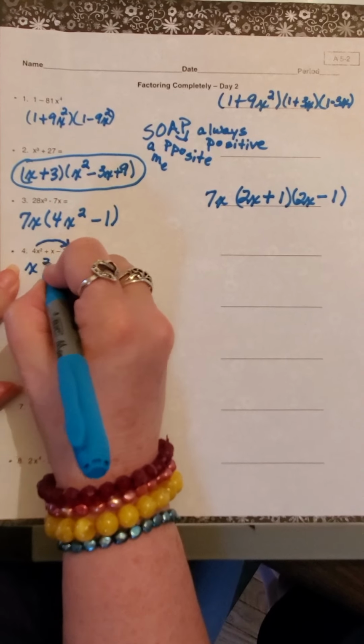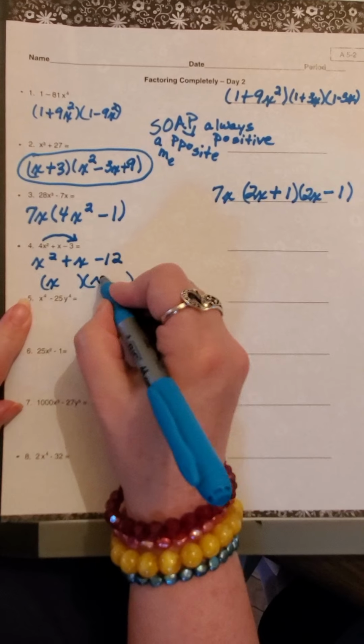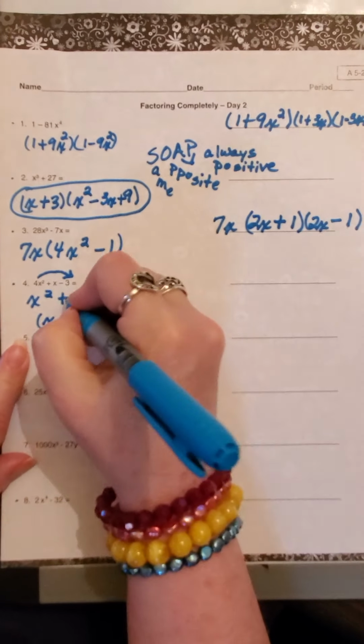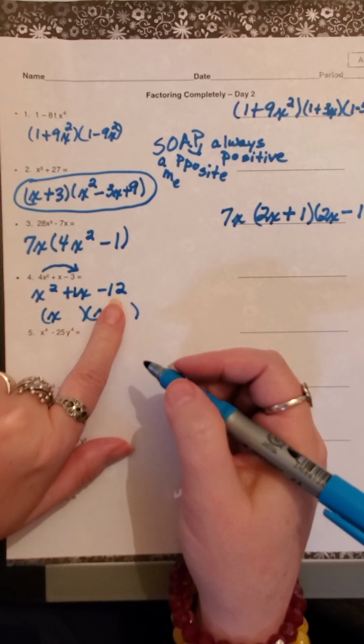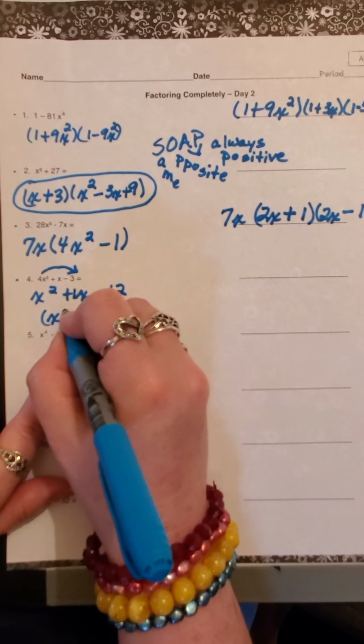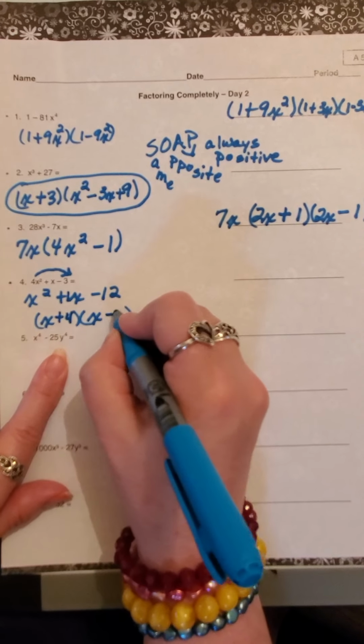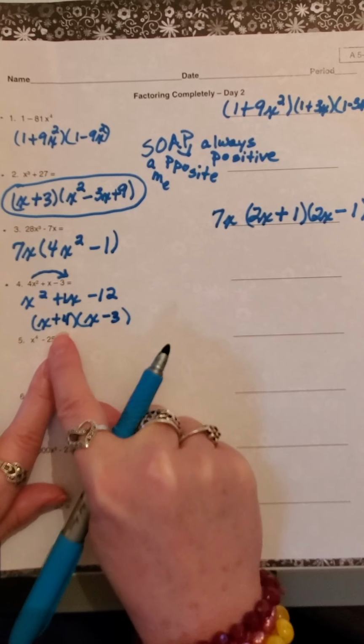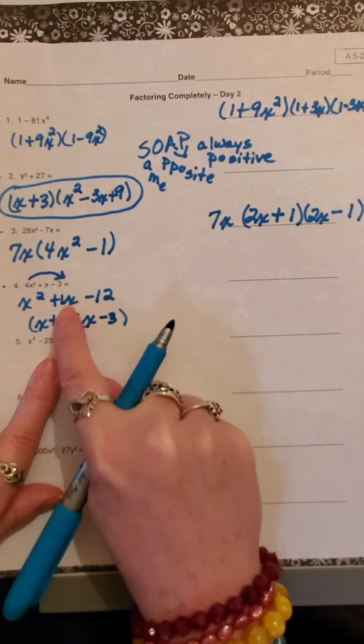So that's x squared plus x minus 12. Then I'm going to factor that one as usual. So this is x and x. Two numbers that multiply to give me negative 12, that add to give me 1. Okay, so that's going to be positive 4 and negative 3. Because 4 times negative 3 is negative 12, and 4 minus 3 is positive 1.